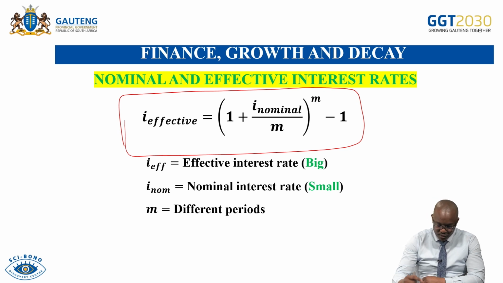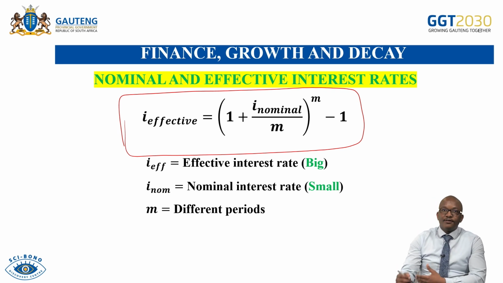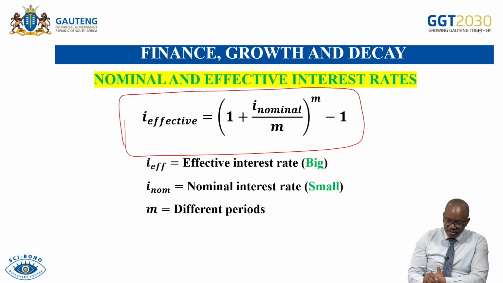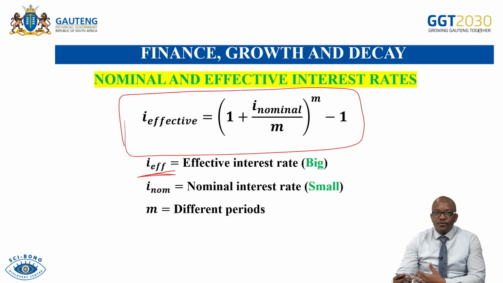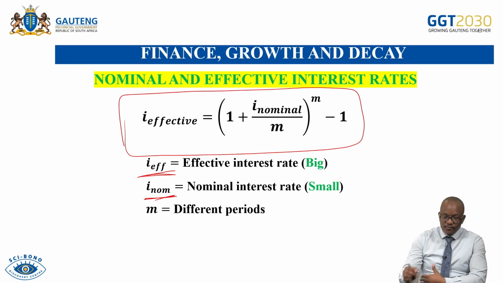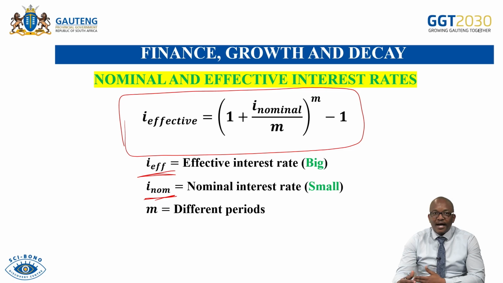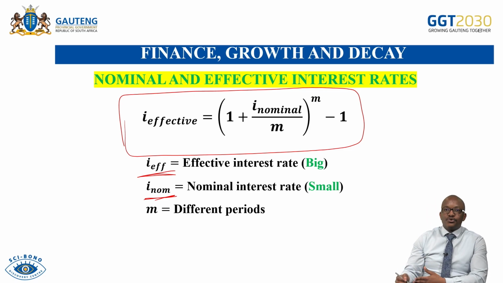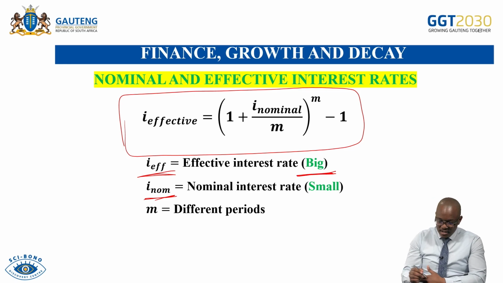Whether you write your test or you write your exam, you will always find this formula in the information sheet. So in the formula sheet, they will be using the abbreviations of I with subscript EFF. So now you know that is your effective interest rate. And then the other one of nominal rate, it will be I and then subscript norm. So that you always know that the effective interest rate will be bigger than your nominal interest rate.